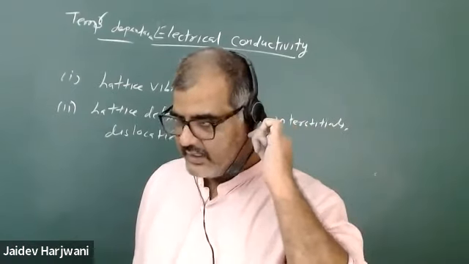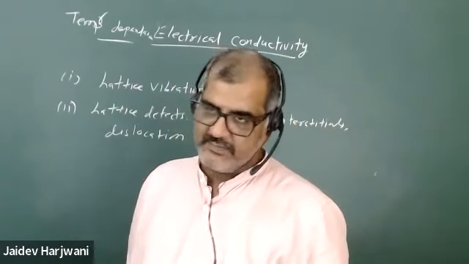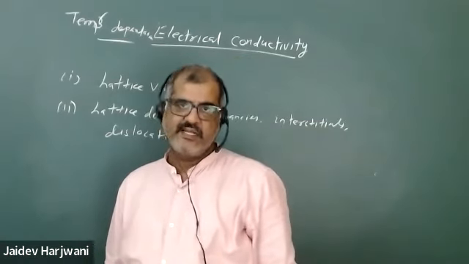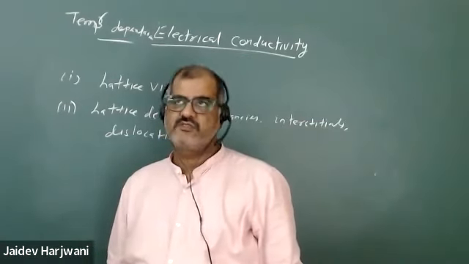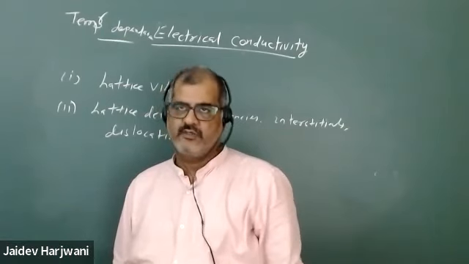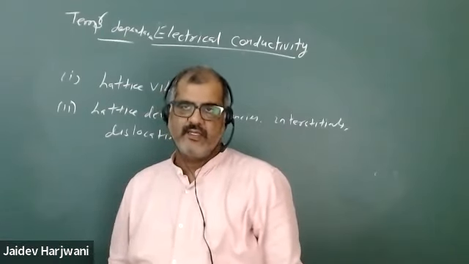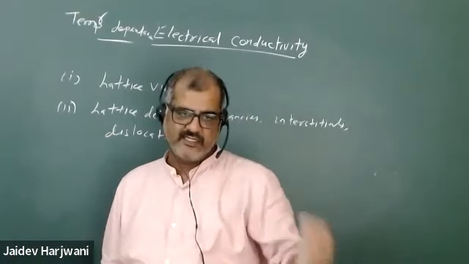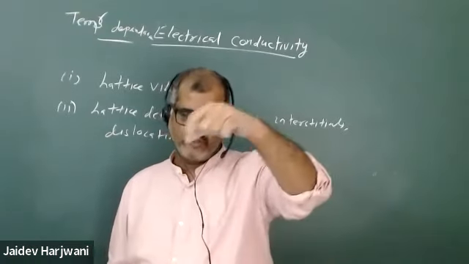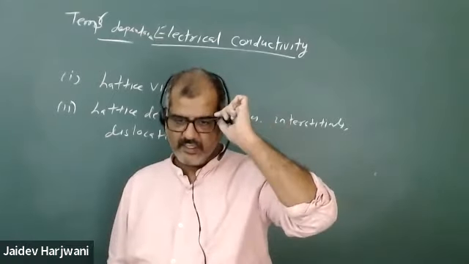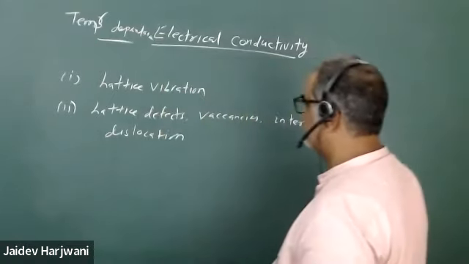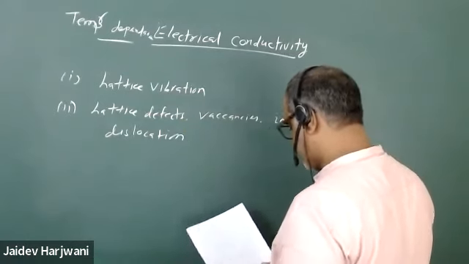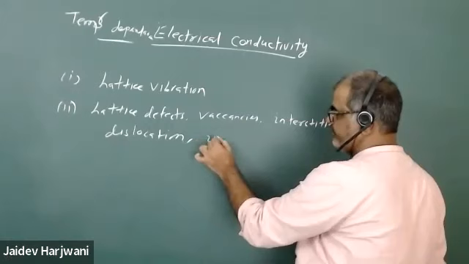Either there is a vacancy, or some foreign impurities are sitting in your lattice. Interstitial means a position which should be occupied by a normal atom, but it is not there and somebody else is sitting on that position, or on top of the lattice somewhere. So lattice defects are vacancy, interstitial, dislocations, and impurities.